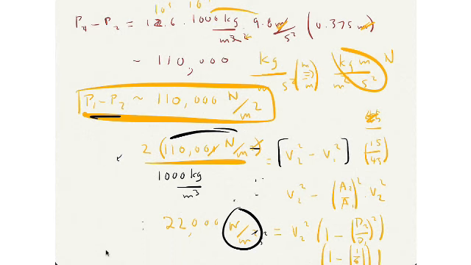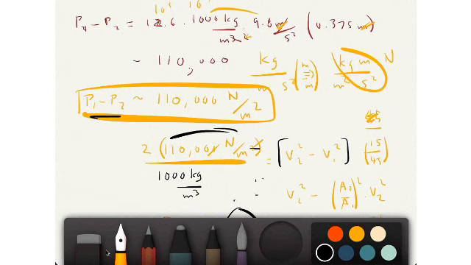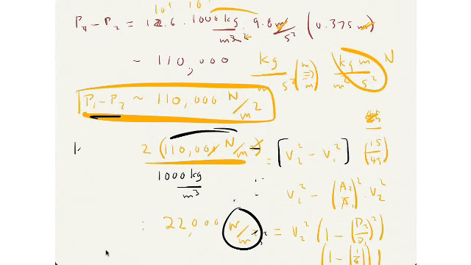Kilograms per meter cubed gives me newtons. I know this is kilograms meters per second squared. If I divide it by kilograms per meter cubed, I end up getting what I wanted, which was meters squared per second squared. Okay, I just wanted to check that.